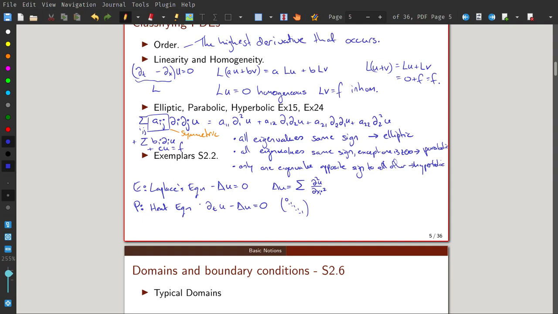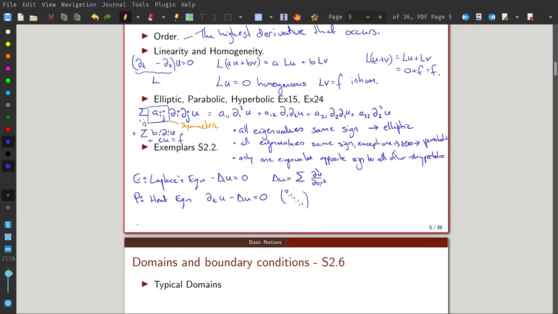Notice here in the heat equation, we do have a derivative of a lower term, right? So it's not that there's no time derivative. It's just that the time derivative is of lower order and so does not count in this classification of elliptic, parabolic, hyperbolic. And then for the last one, we have the wave equation, which is the second derivative with respect to time of u minus the Laplacian is equal to 0.